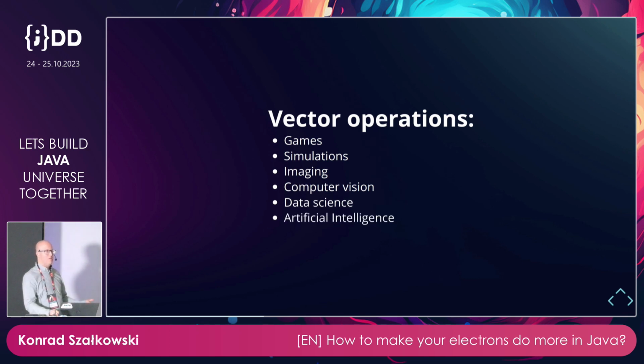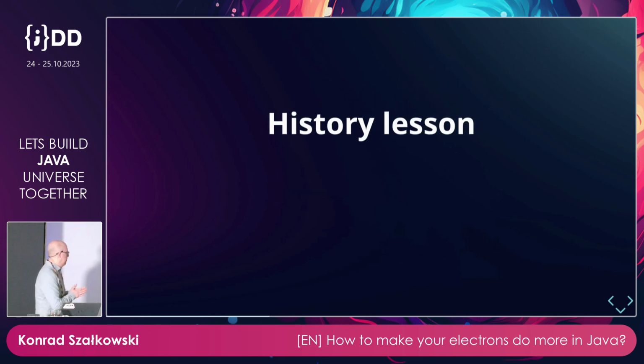Because neural networks, which are the salt of artificial intelligence, are nothing else than sets of floating point numbers. But if so, why these vector operations, if they are so great, why have they not found an application in the JVM already?